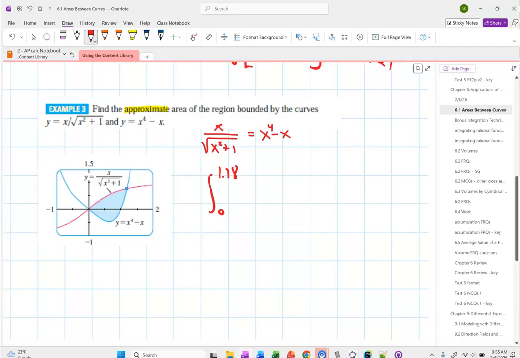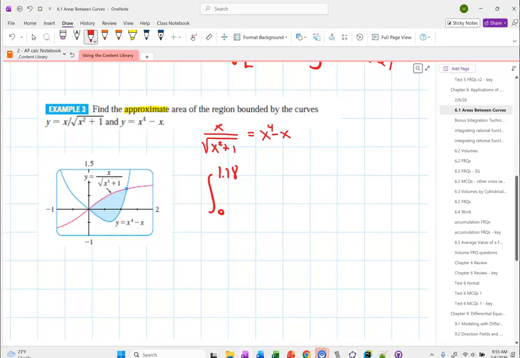Now, since we're doing this on the calculator, I'm going to do the integral on the calculator. If I have the calculator to do the graph and define the bound, I'm not going to do the integral by hand. I'm going to use the calculator to do it, right?